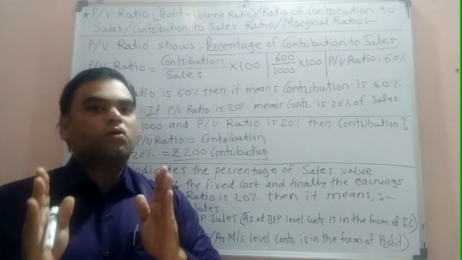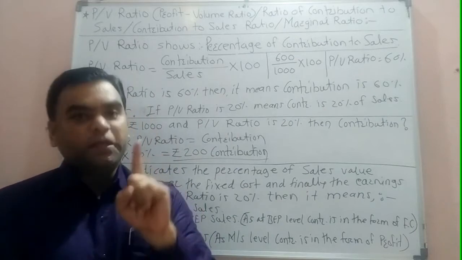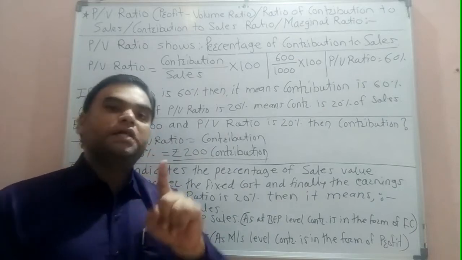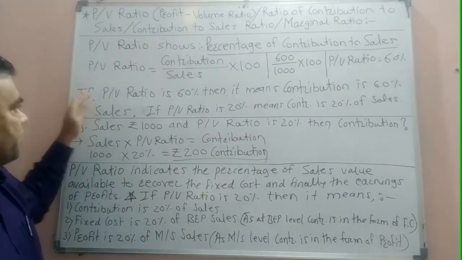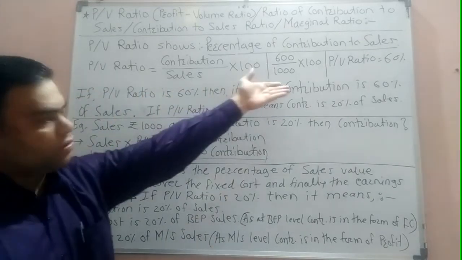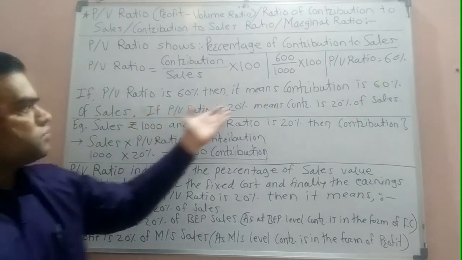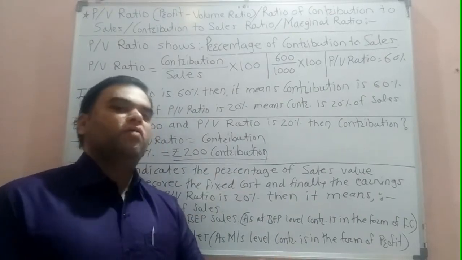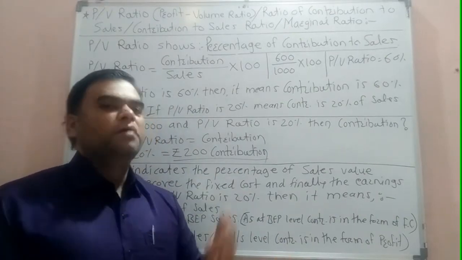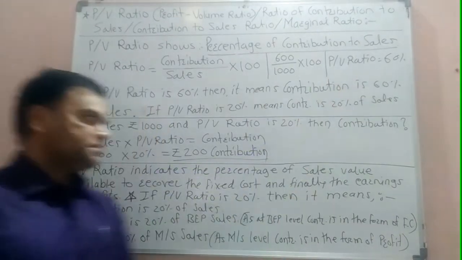If PV ratio is 60%, it means contribution is 60% of sales. Or if PV ratio is 20%, it means contribution is 20% of sales.